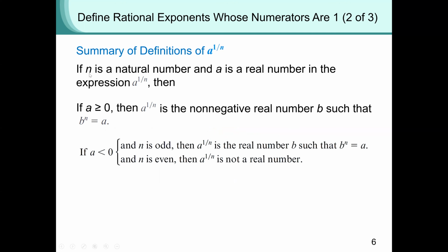Here we said that if n is a natural number and a is also a real number in the expression a to the power 1 over n, then if a is greater than or equal to 0, then a to the power 1 over n is a non-negative real number b, such that b to the power n equals a. All we are trying to say here is that if an exponent n crosses the equal sign, it becomes 1 over n. That's the only simple rule we should know.